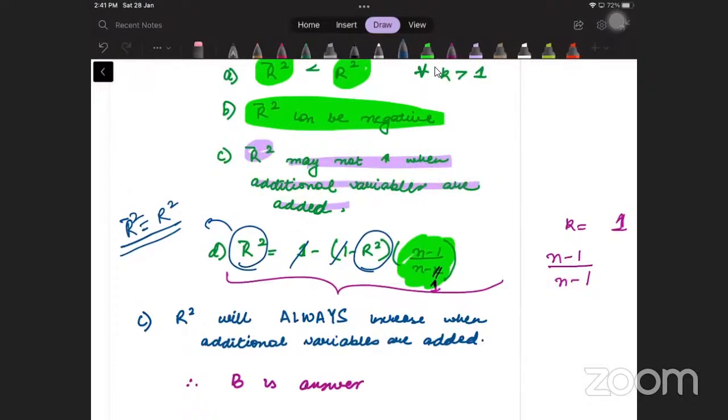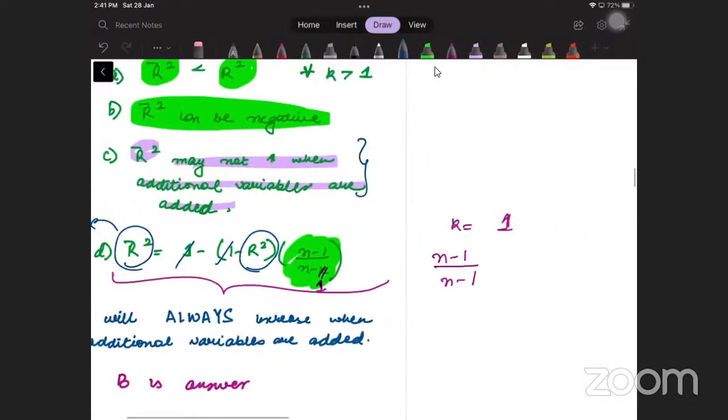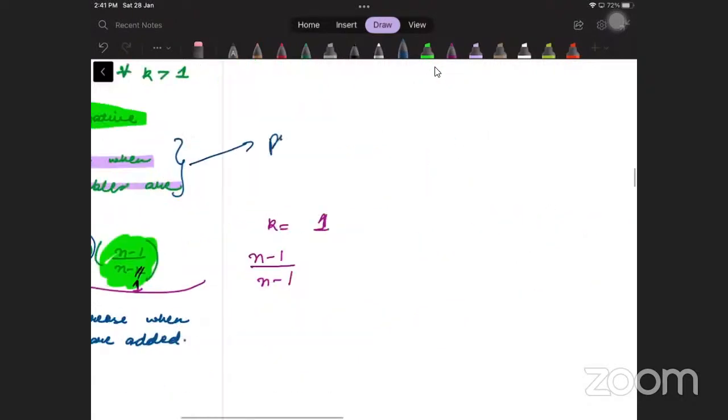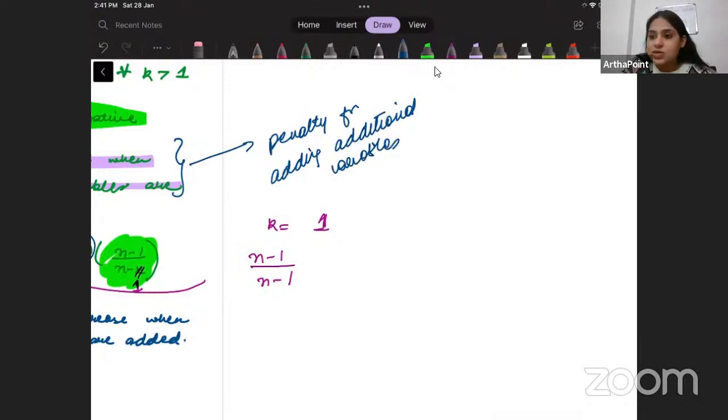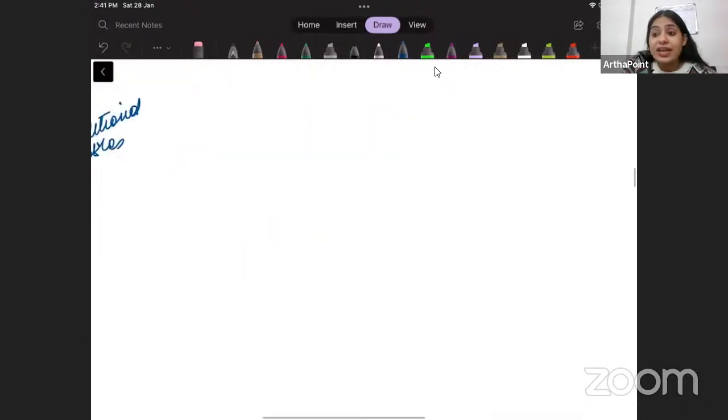Then the third property is that r bar square may not increase when additional variables are added. Actually, r bar square is supposed to give a penalty for adding additional variables. So every time you create a model, r bar square will not increase.